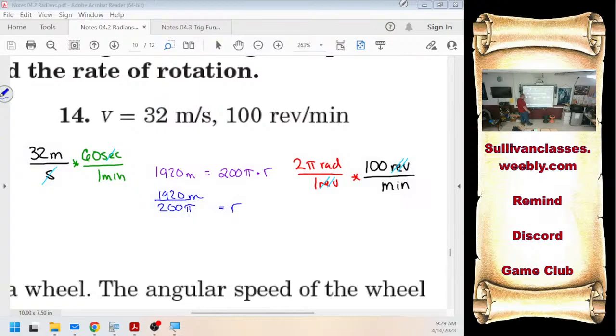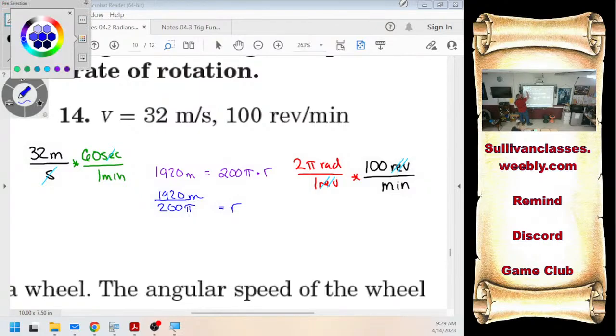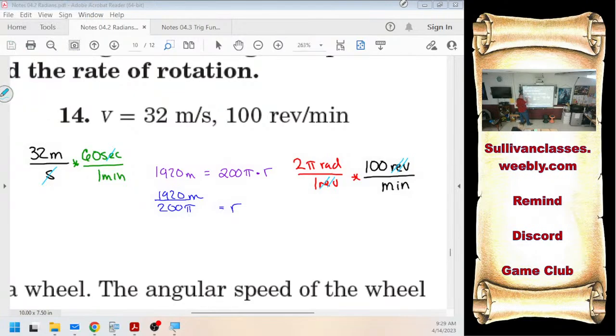Now, I would want to simplify that, naturally. 2 times 100 times pi times radius, because radian is radius. They're the same thing. If you wanted, we could write that now.